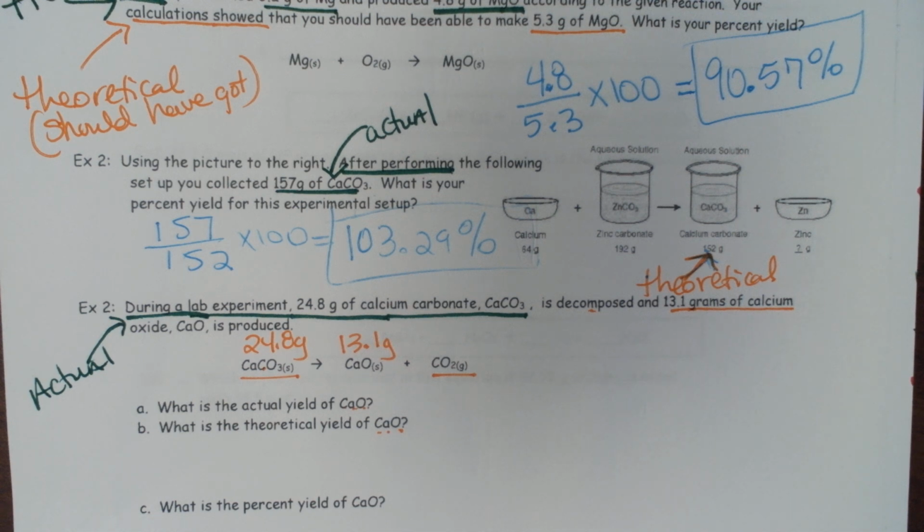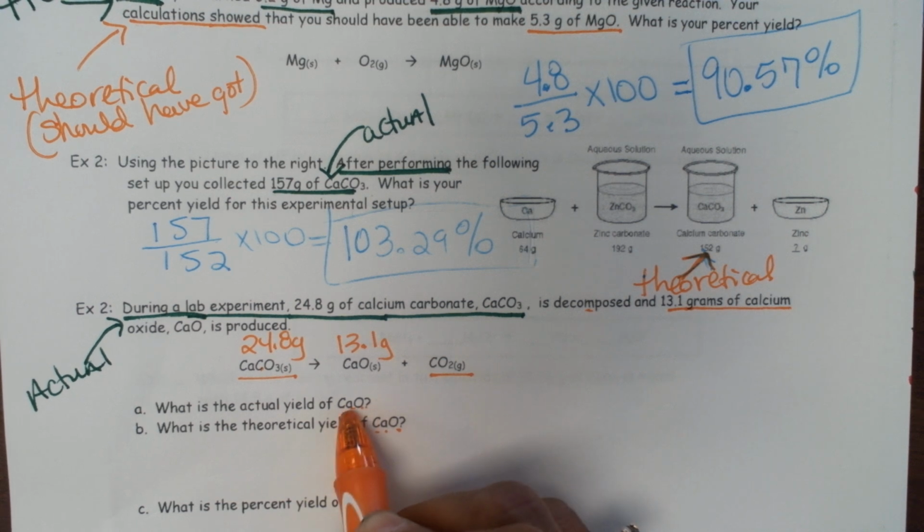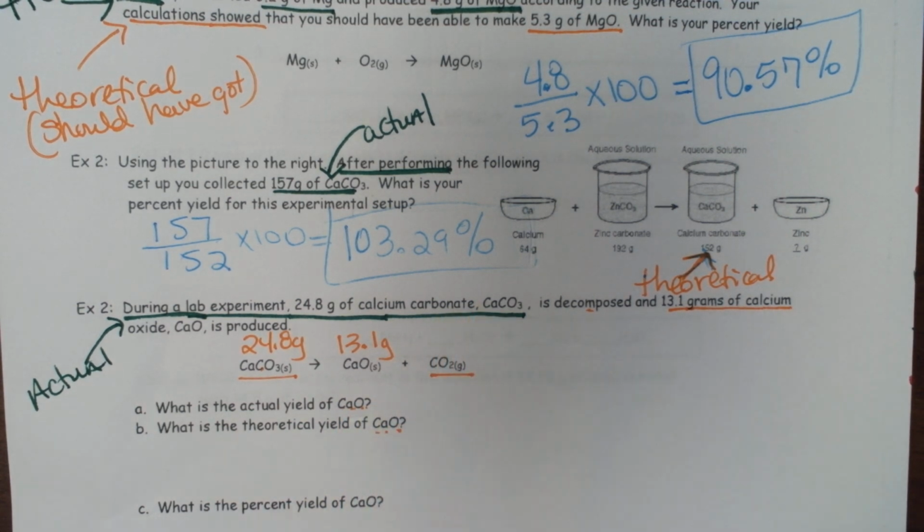So even though I underlined this saying during the lab experiment, this is what they did, and it decomposed to this and this, they're asking us not even for this information. So would it go on the bottom? So, first question is, they're asking us how much of the CaO? Look at the numbers. How much of the CaO? 13.1.